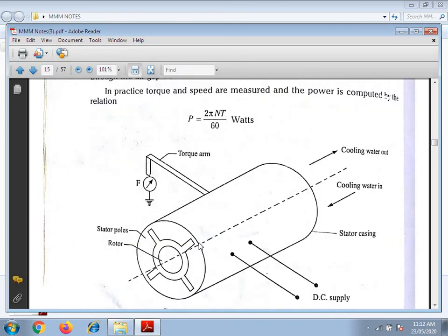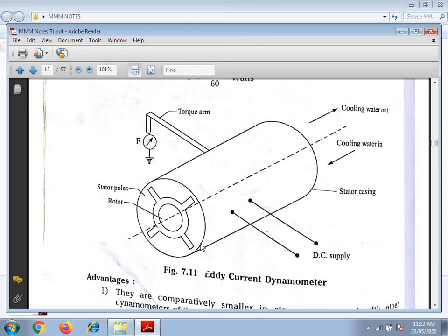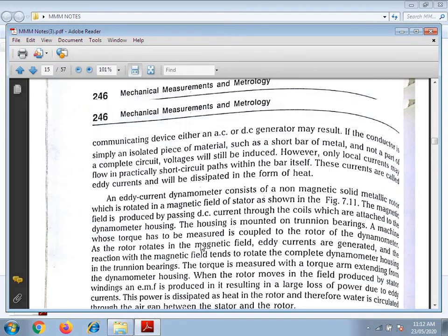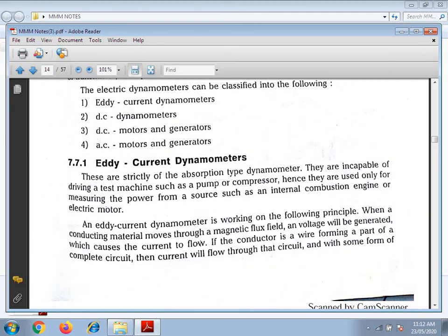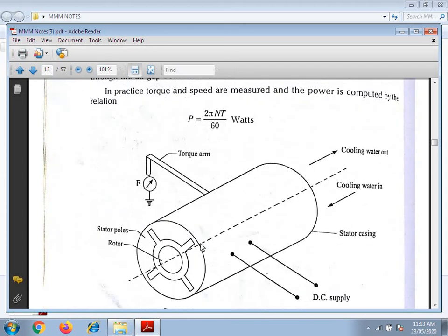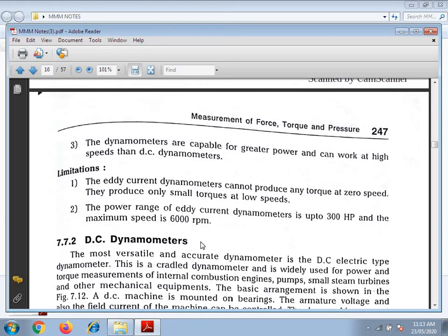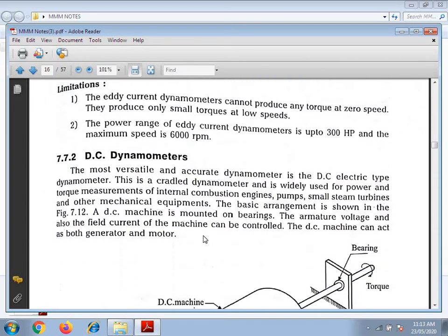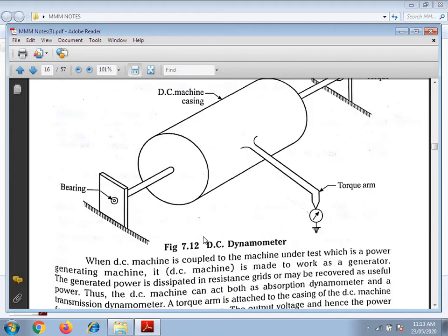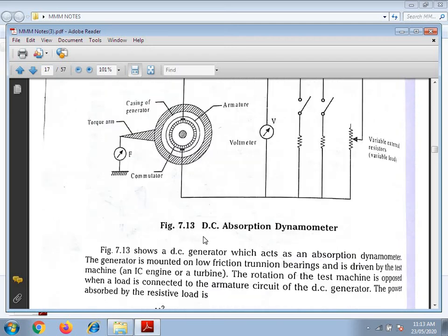The current dynamometers are not required. So DC dynamometers are not required. Next.